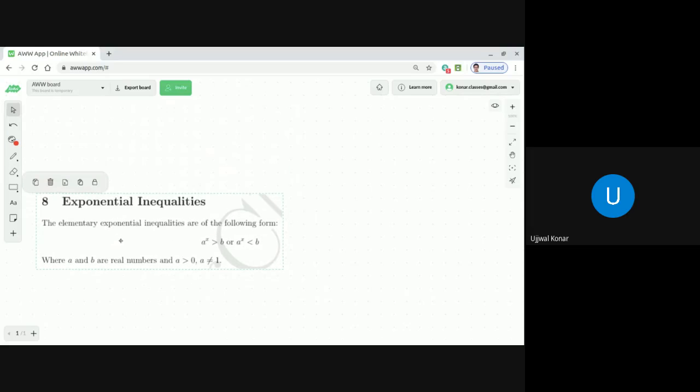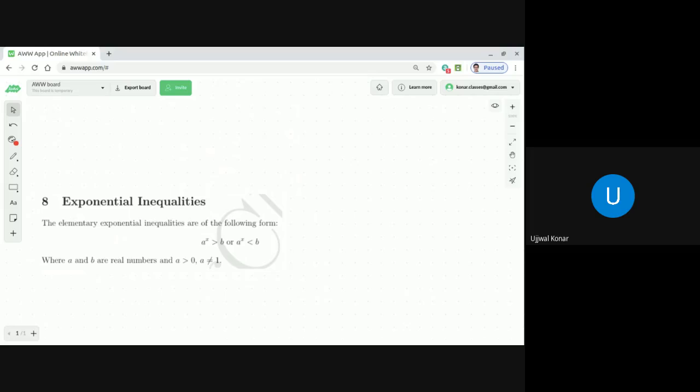So this is the restriction on a. Now we will see that depending on the values of the parameters a and b, the solution also varies.